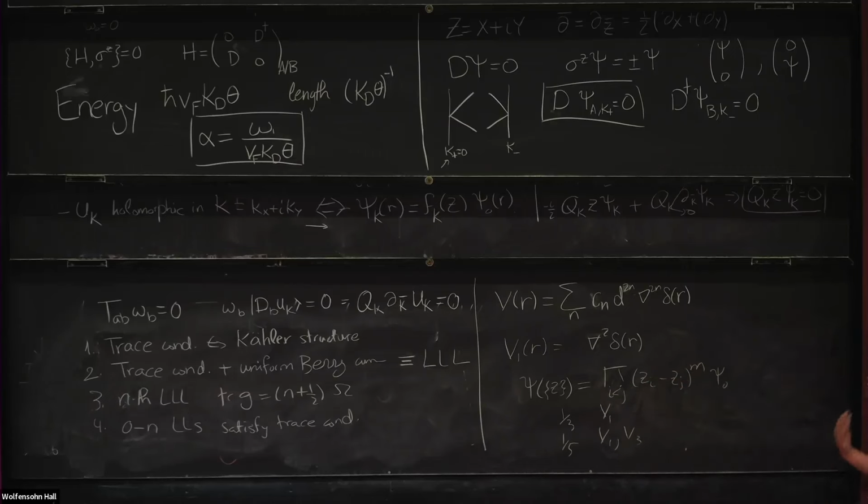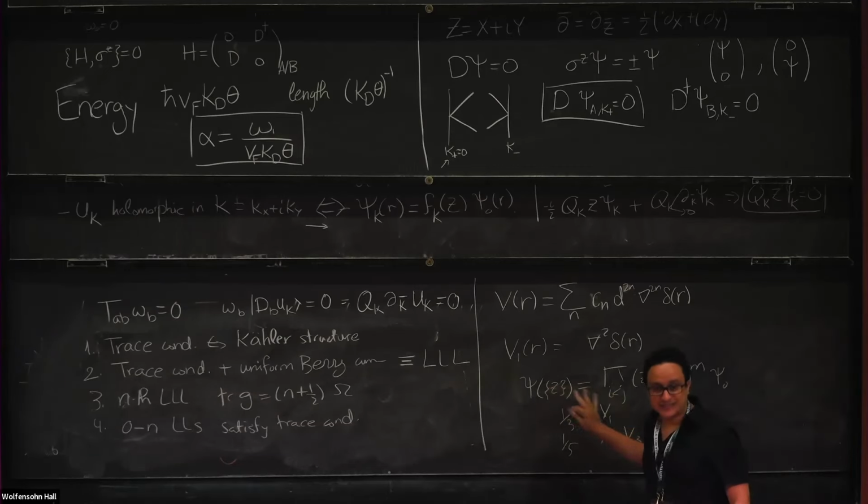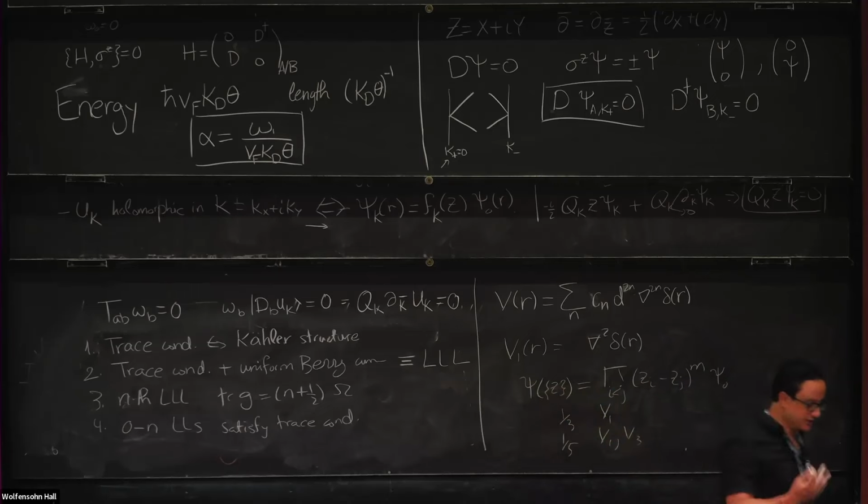Another way to interpret this is that the wave function, seen as a function of one of the particle coordinates, always has a zero at every other particle coordinate of first order due to the Pauli principle. But in the Laughlin state, we have a higher order zero, which means we attach vortices to other particles. So this ability to attach vortices is the crucial ability that allows us to construct Laughlin states.